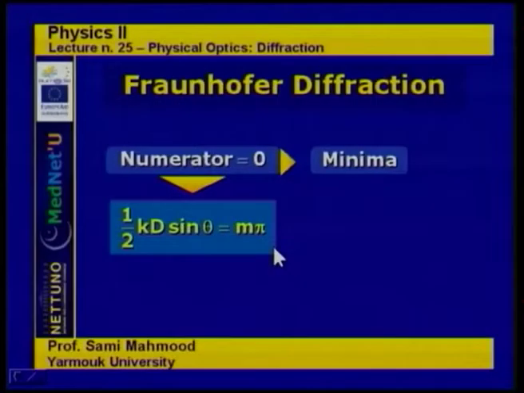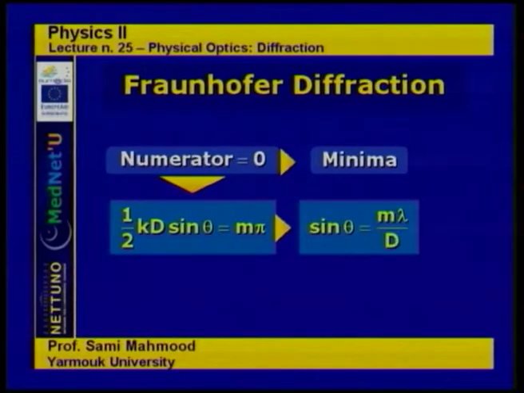We have to remember that we have sine squared of this quantity, 1/2 kd sine theta. So if sine of this quantity is 0, that means this quantity, 1/2 kd sine theta, must equal an integer number of pi. If this is equal to an integral number of pi, then the sine of this quantity is 0, and we get minimum.